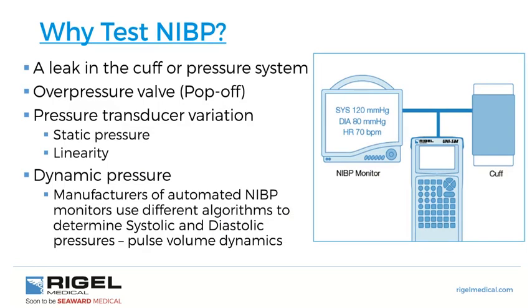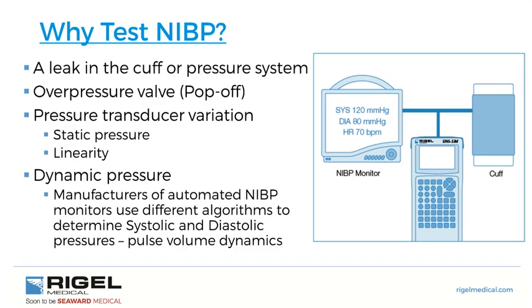So why test NIBP? Have you got leaks in your cuff or in your pressure system? You want to check the overpressure valve. You want to check the pressure transducer variation. Does it produce linearity in readings? Because a pressure transducer, being a mechanical device, can vary when it comes to metrology.